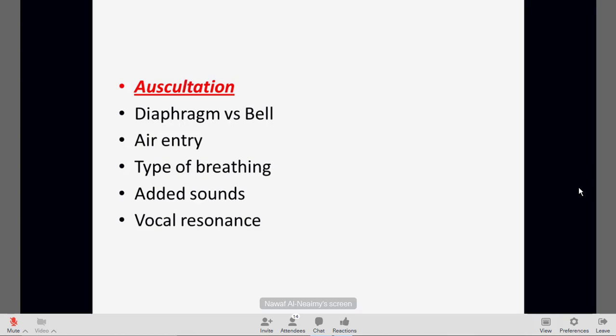And then you can either continue with the diaphragm or with the bell, or either of them. Of course, the most important thing is that when you use the bell, it should be directly over the chest. Above the clothes it is difficult, and it will not give the finding one expects.